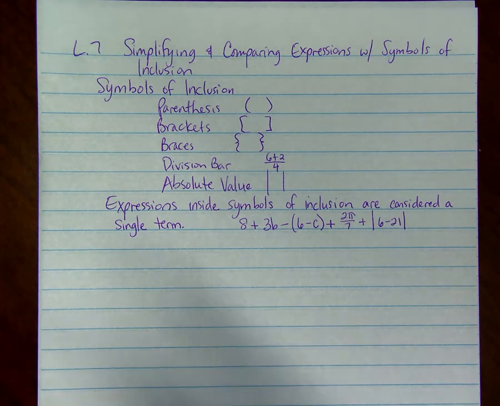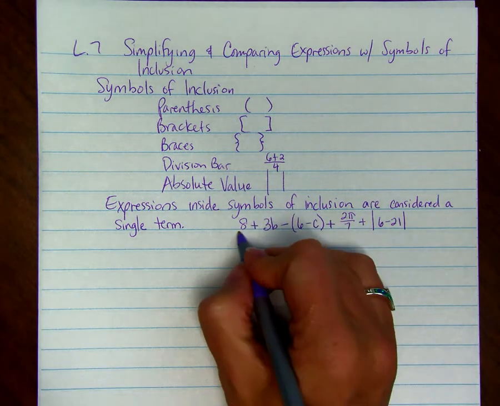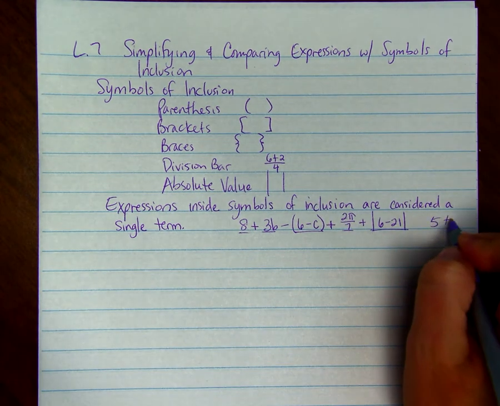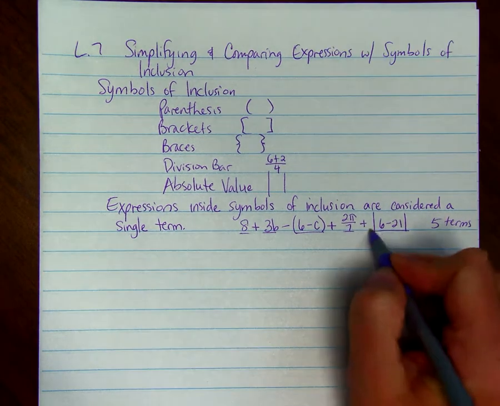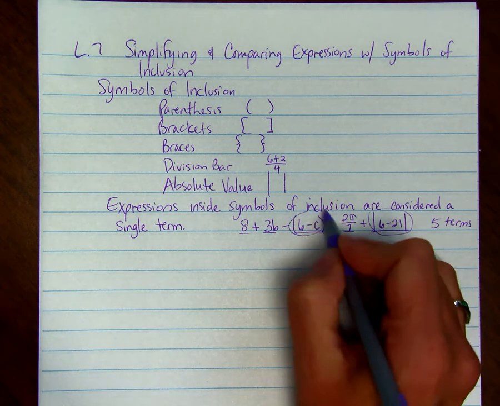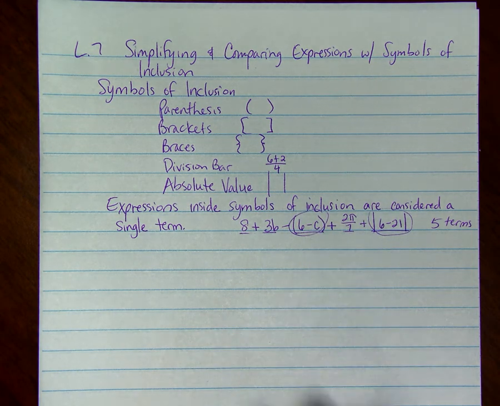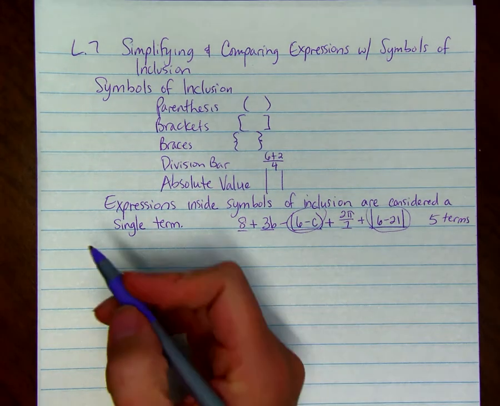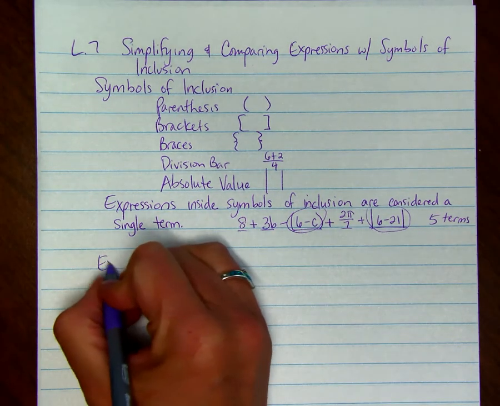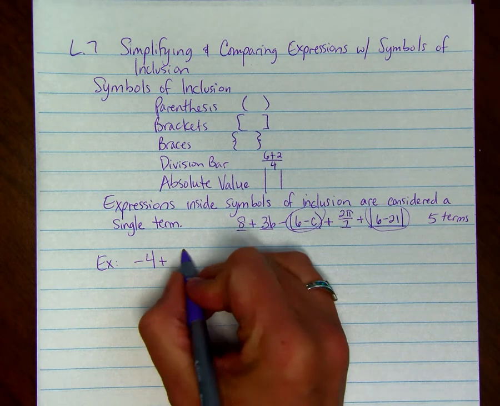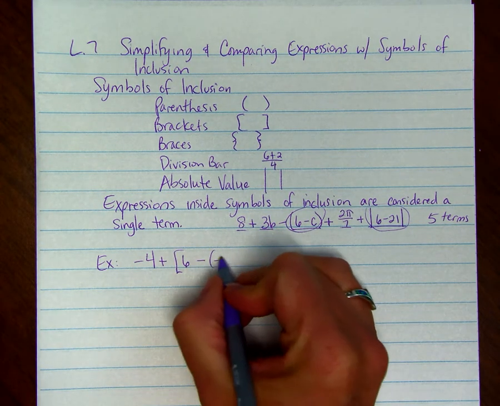Okay, this expression has 1, 2, 3, 4, 5 terms. Each of these, the one with the parentheses and the one with absolute value, counts as an individual term. So we're going to do just 3 examples where we need to simplify within symbols of inclusion before we can do the rest of the problem.